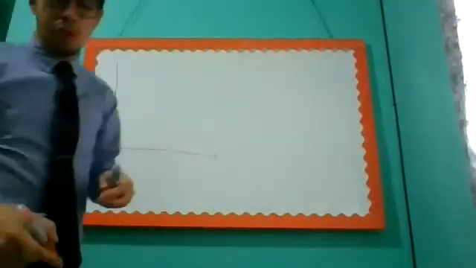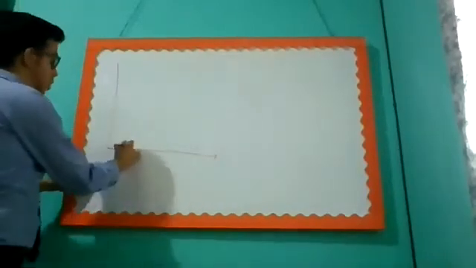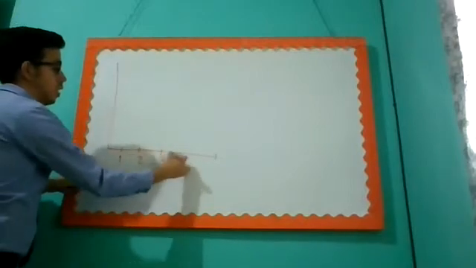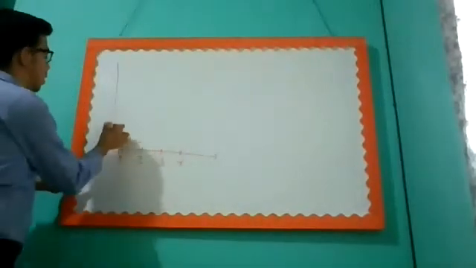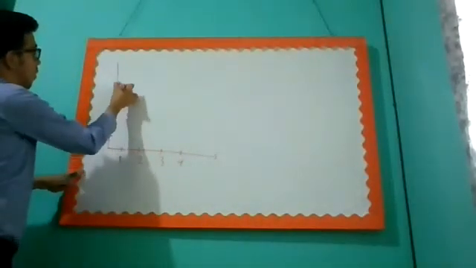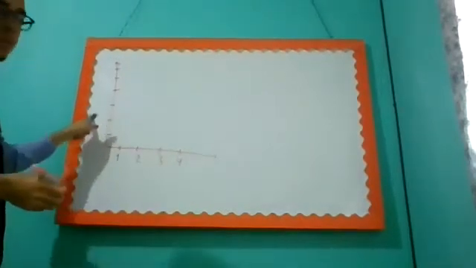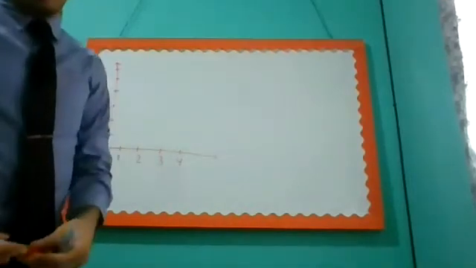We are going to use 4 values, 1, 2, 3, 4. And for the other part, I have 6: 1, 2, 3, 4, 5, 6. For this one, I'm not going to write all the values because I don't have much space in here.